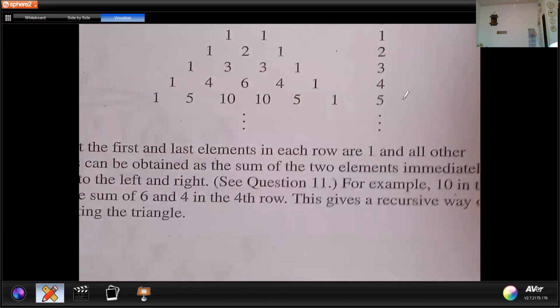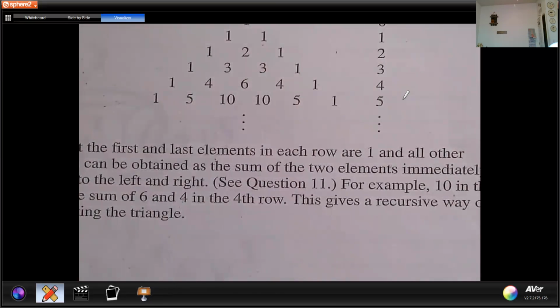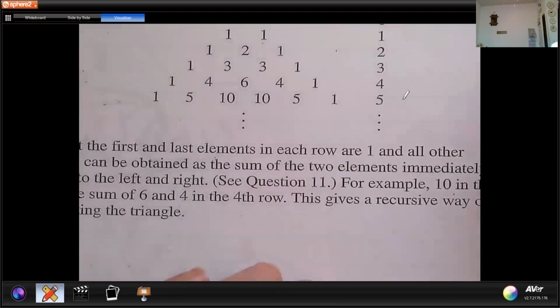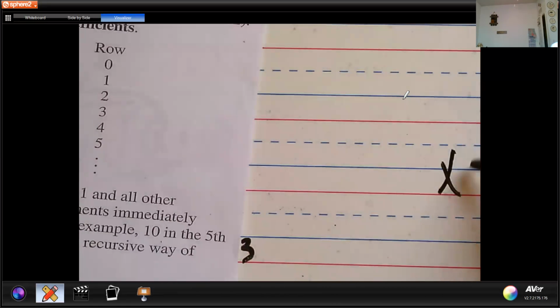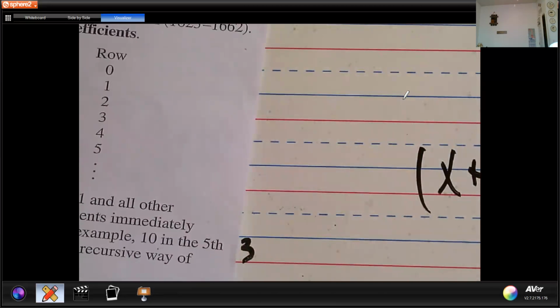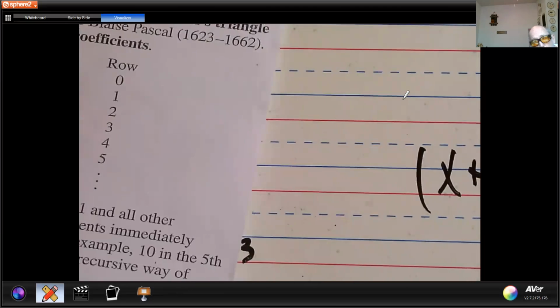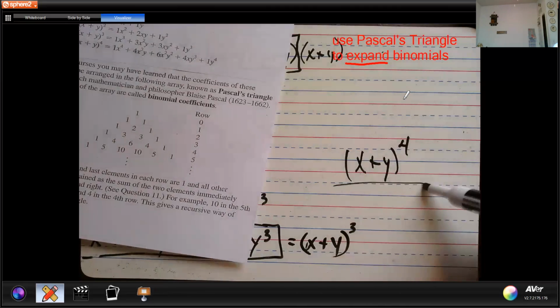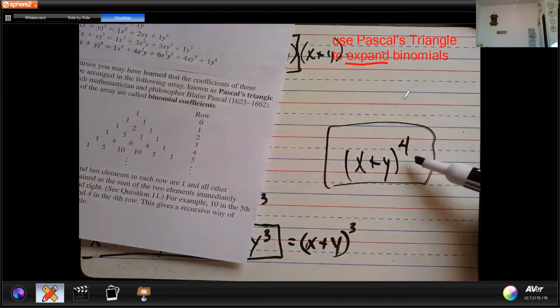So what if I wanted to know x plus y to the 4th power? Whoops, I zoomed in too much. There we go. What if I wanted to know x plus y to the 4th power?